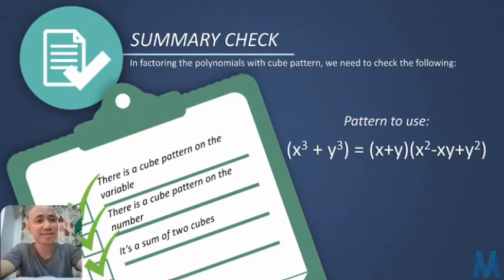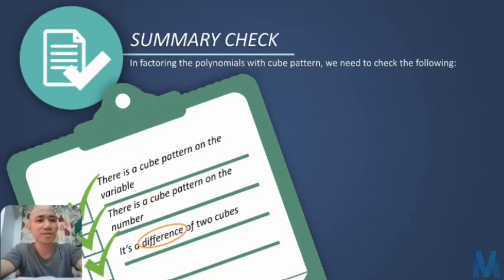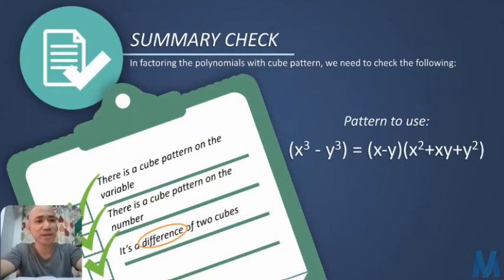Butang tayo sa timeline para pwede nyo mabalik-balikan. Now, if it's a difference of two cubes, amo naman niya ang pattern nga gamiton natin. Parehas lang guys, no? Ang naglain lang ang ilang sign. Pero the same pattern. Okay, take note ha.